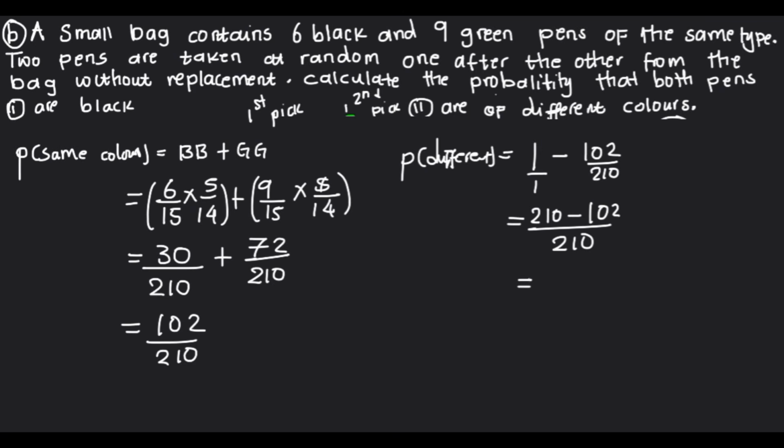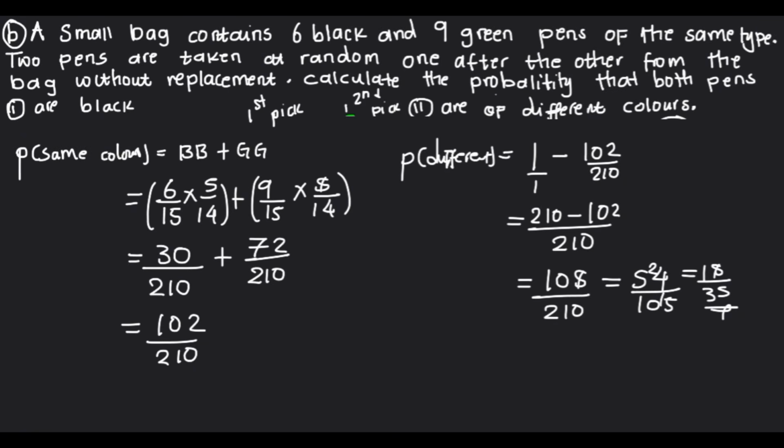Then 210 minus 102 will give us 108 over 210. So if we reduce, 2 is common. 2 into 108 will give us 54 over 105. Then 3 into 5 is 1, remainder 2, into 24 is 18, over 3 into 10 is 3, remainder 1, into 15, 5.